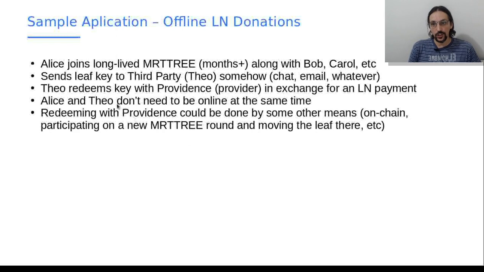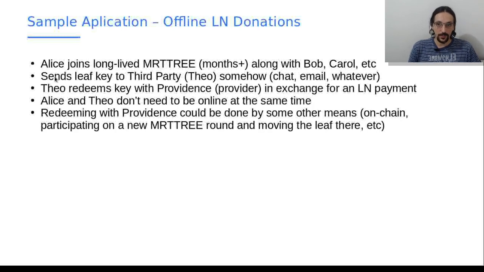But if she wants to donate some funds to Theo, she can send a leaf key to Theo, a third party, via whatever communication method she wants. She can send the key via chat or email or whatever. And Theo can then redeem the funds for that corresponding key without having initially participated in the Mr. Tree transaction.